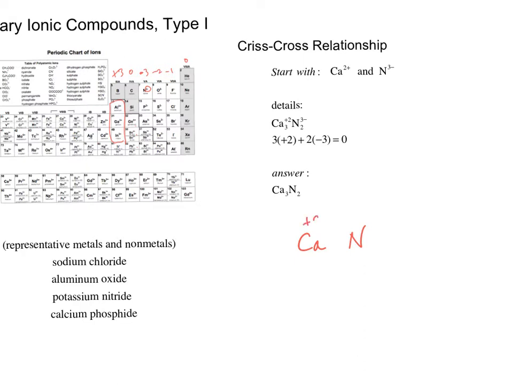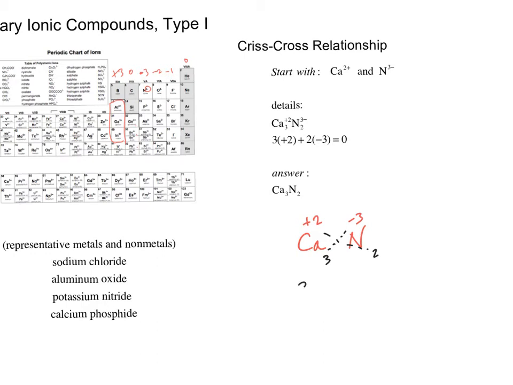You know the charge of calcium is +2 because it's in group 2. You know the charge on nitrogen is going to be -3 because it's in group 15 or 5A. So then you can just say, all right, well, 3, 2. And double check it, make sure it makes sense.